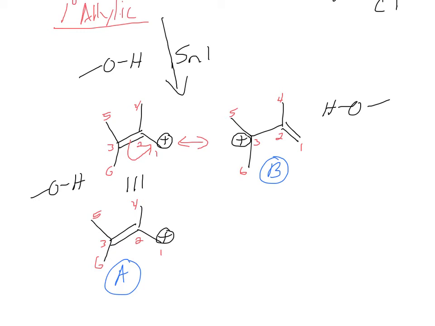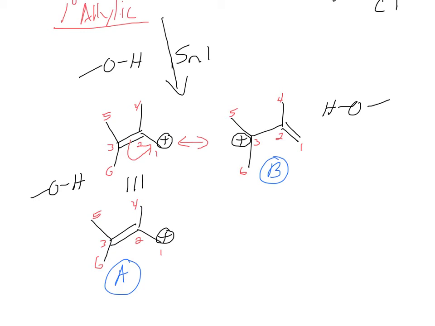So it's going to be an interesting thing, just like we did in lab: just because you have the most stable intermediate, does that mean you lead to the most stable product? No. Right? A tertiary allylic carbocation is more stable than a primary allylic carbocation. But the tertiary allylic carbocation is not going to lead to the most stable product because of Zaitsev's rule.